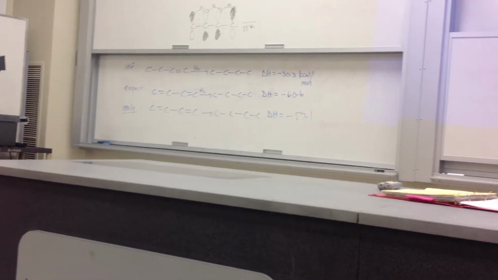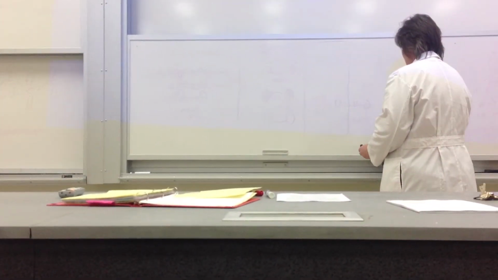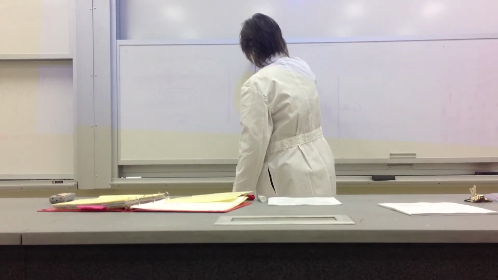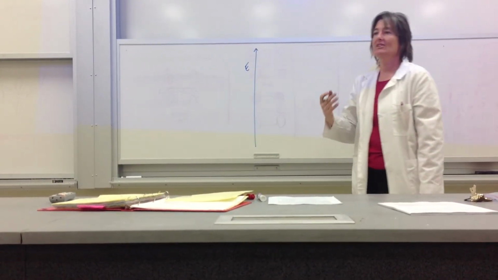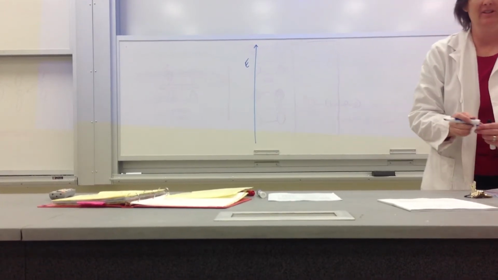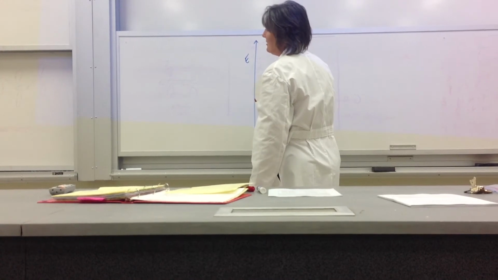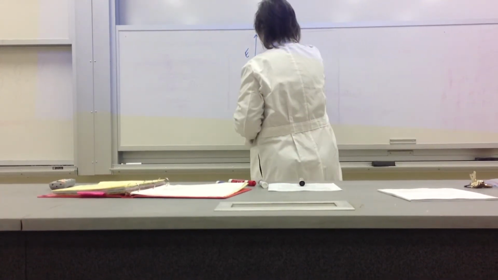Once you can see it, I think it means quite a bit more. Go like this. Here's energy going up. Things that are higher energy are less stable. So, let's put in our isolated one.